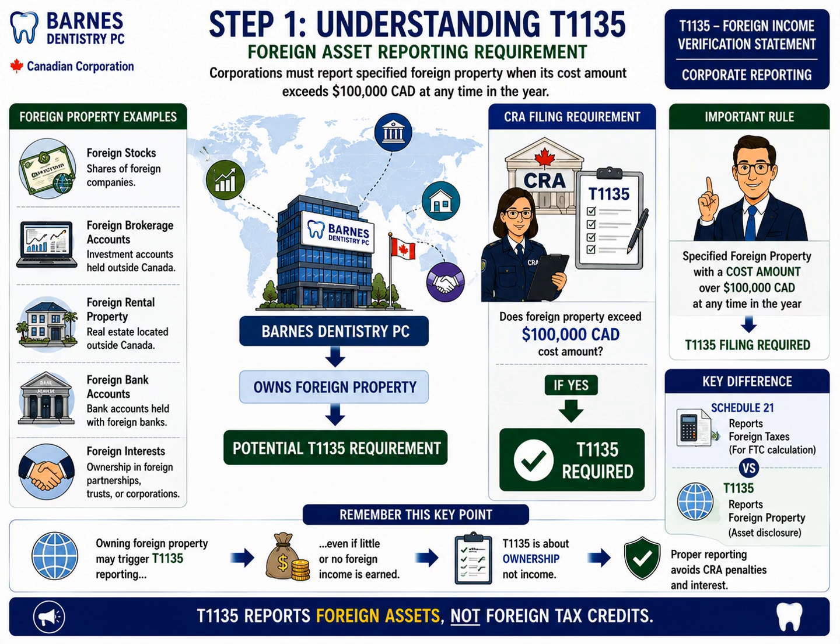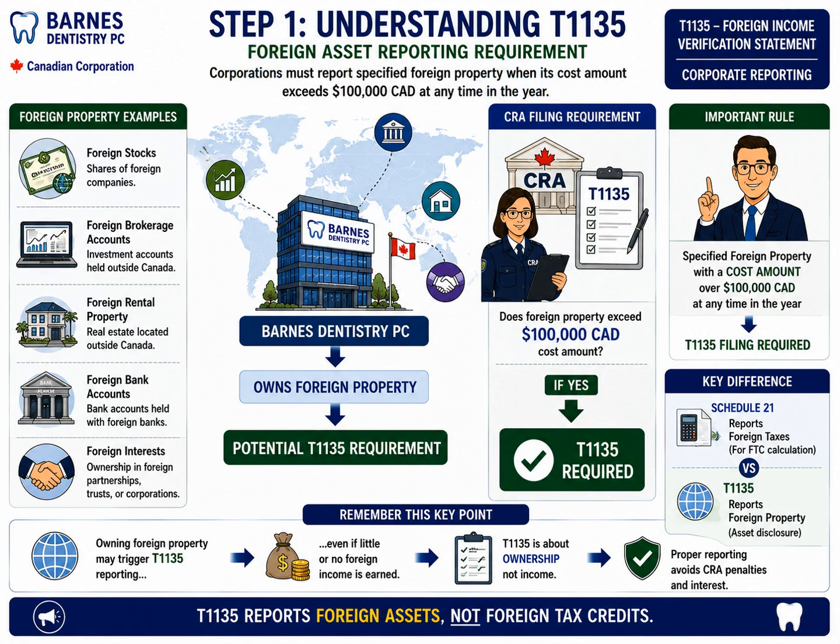If the total cost amount of specified foreign property exceeds $100,000 Canadian, the corporation may be required to file Form T1135. That's why the green checkmark appears below the threshold question. Once the threshold is exceeded, a filing obligation may arise.